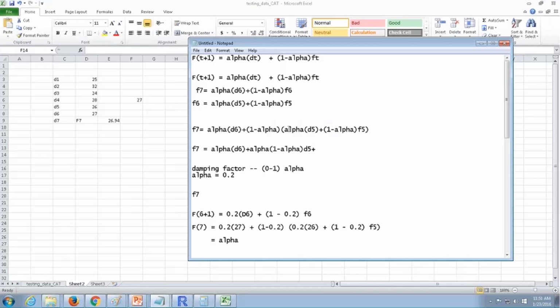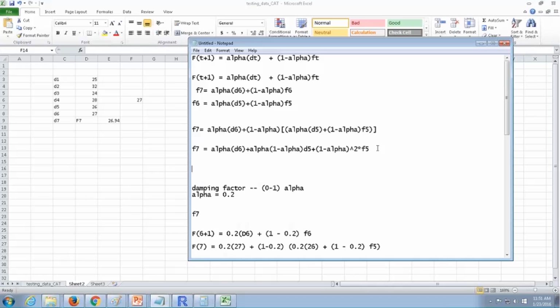What does it become? Here this would be a square bracket. So first I'm multiplying alpha into 1 minus alpha into D5, plus 1 minus alpha into 1 minus alpha, which becomes 1 minus alpha the whole squared F5. This is the formula, right? 1 minus alpha the whole squared into F5. So everyone is clear with this process.